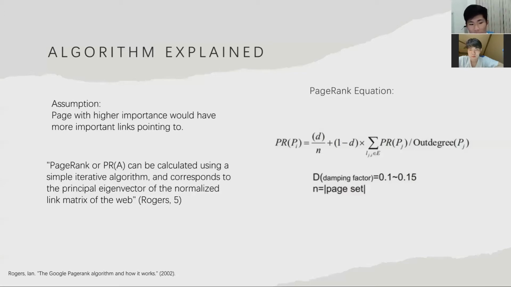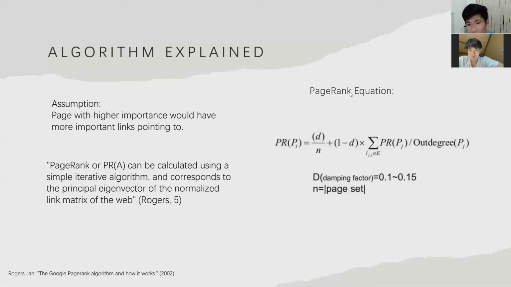In this final slide that we present, we're actually going to be looking at a more elementary understanding of the PageRank algorithm, which can be understood by a single central equation, as seen on the right side of the slide.